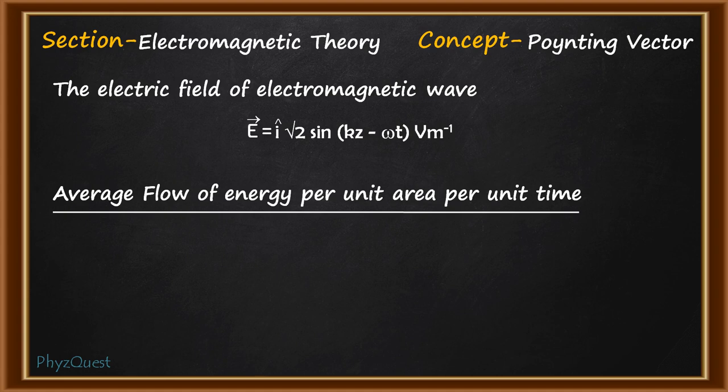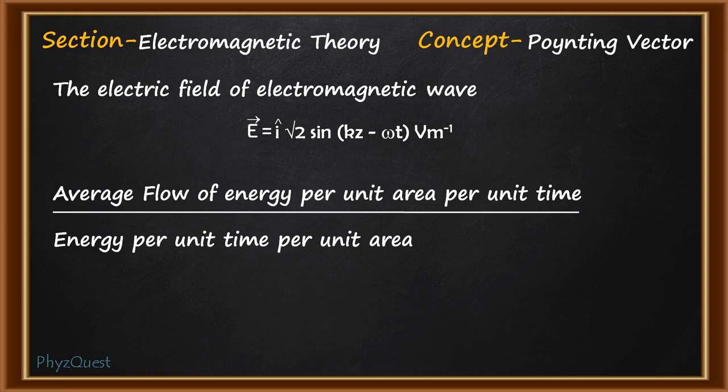Now here in this question, this term we can rearrange and write it as energy per unit time per unit area. The meaning is the same, but mathematically we can write it as E by T divided by A. Here E is your average energy, T is the time, and A is the area.